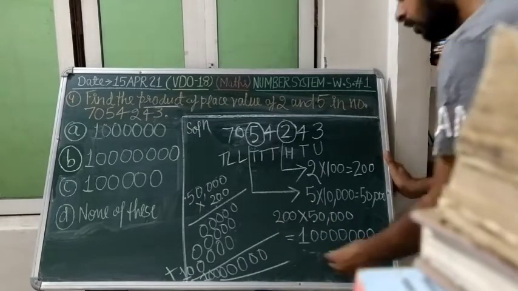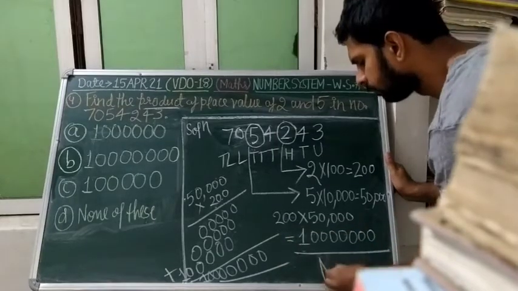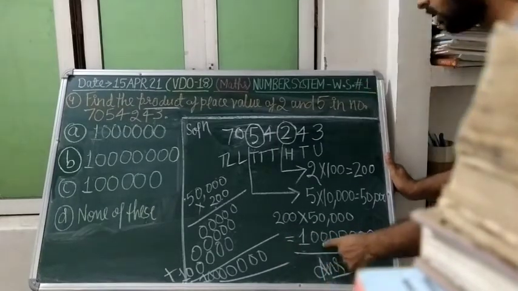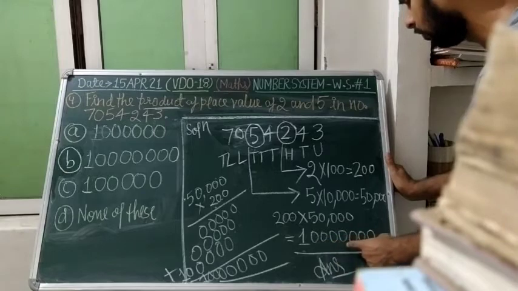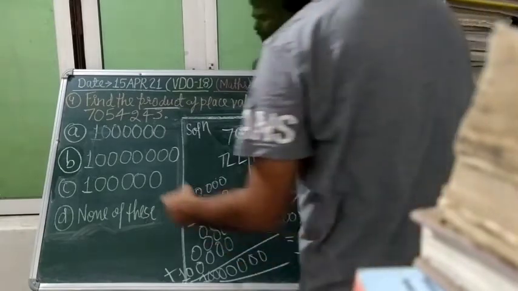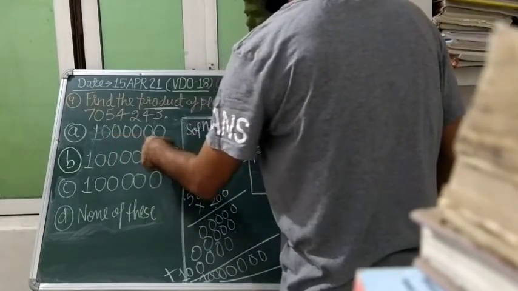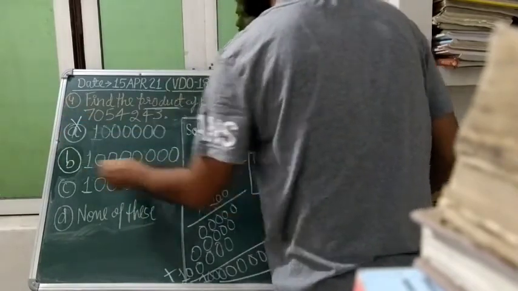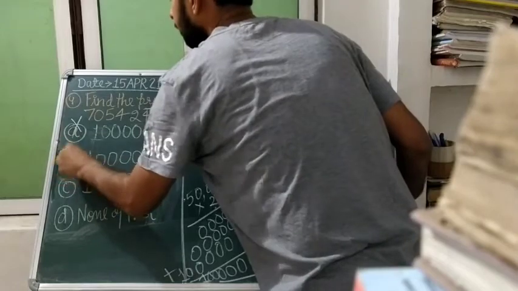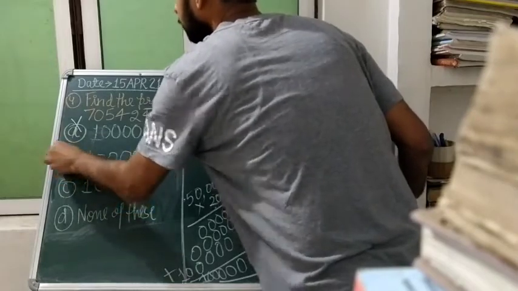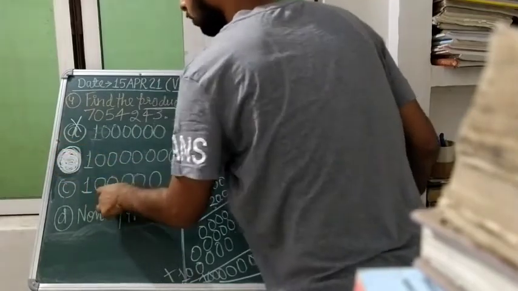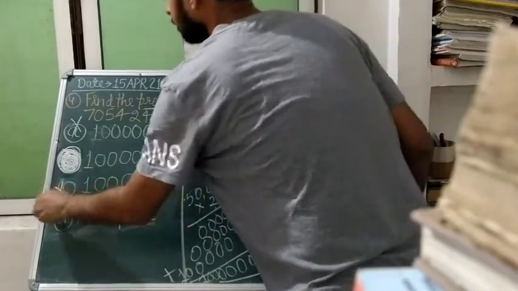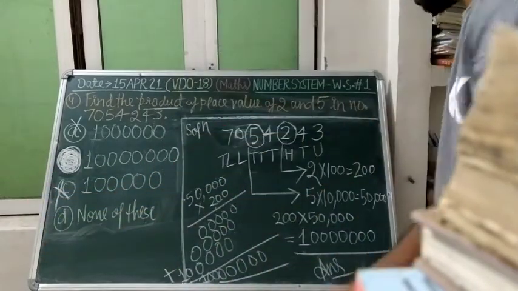So it will become your answer. How many zeros are coming? 1, 2, 3, 4, 5, 6, 7. So which one is there? 1, 2, 3, 4, 5, 6. Wrong. 1, 2, 3, 4, 5, 6, 7. Oh yes, D will be your answer. And you should check the other one as well: 1, 2, 3, 4, 5 is here. So it is not. B is your answer.